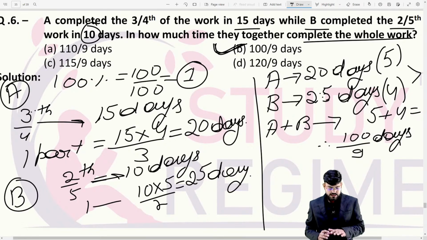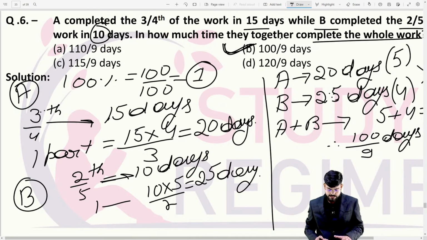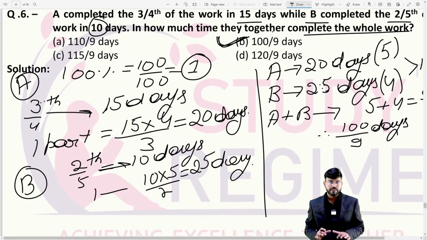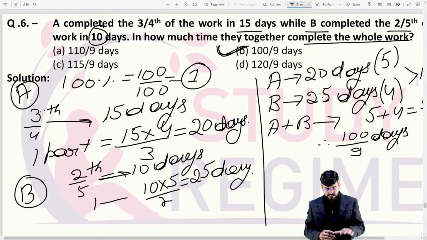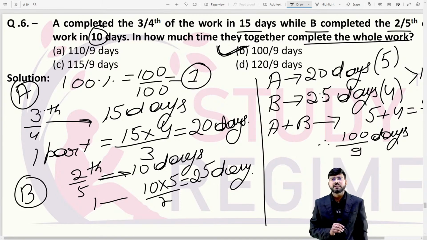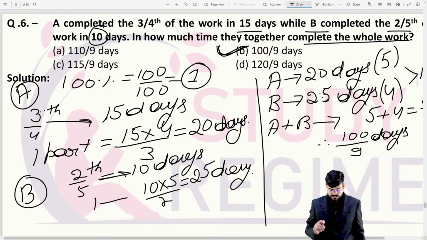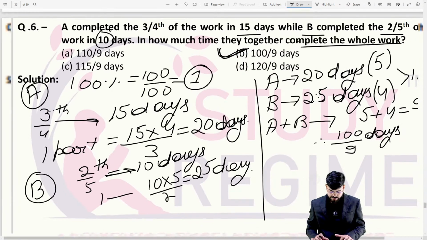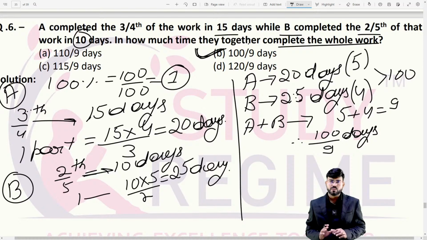It was given that 3/4 of the work is completed in 15 days and 2/5 of the work is completed by B in 10 days. And we have to calculate, first we have to calculate the total work which was to be done. It will take how many days? So we have calculated that A can complete the whole work in 20 days. The whole work means one part, fraction is 1. Now B can complete the same work in how many days? 25 days. Since we have taken the LCM of 20 and 25 as 100, so 100 will be the total work for us.